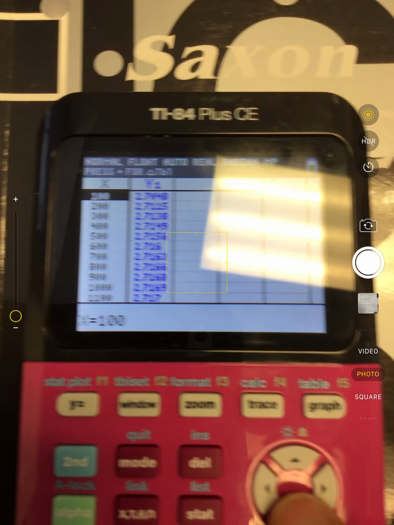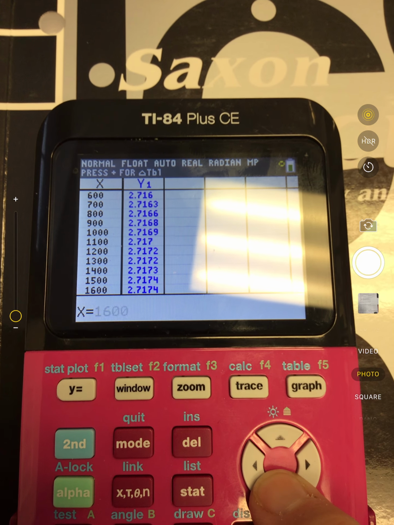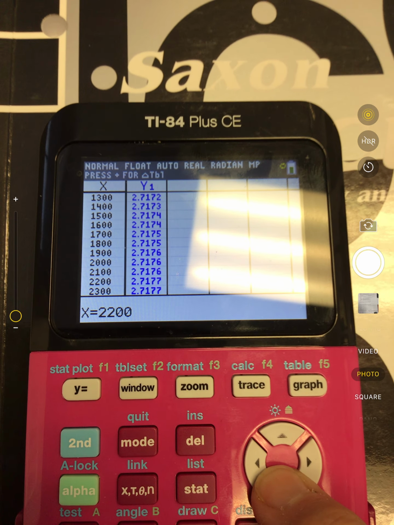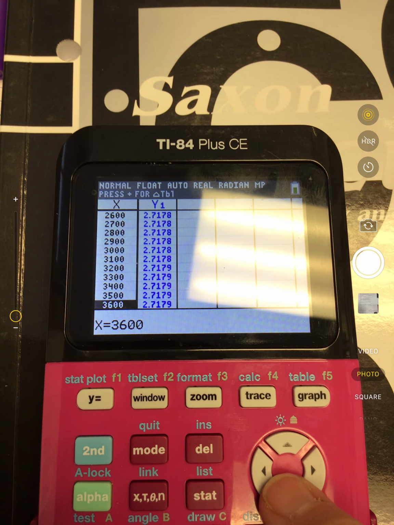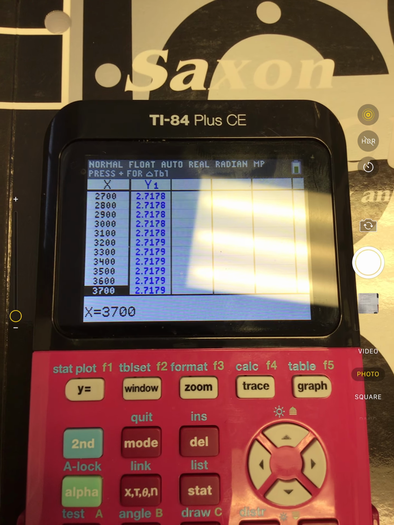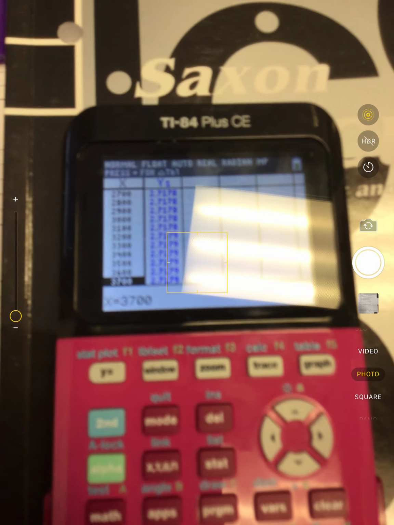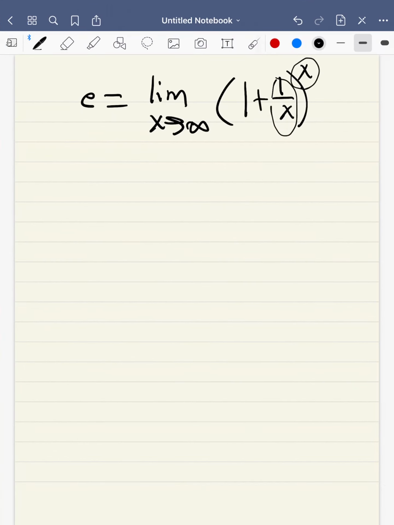Okay, and as we go down in the table, it goes to 2.7179, and the approximation that we typically use is 2.718. So e is approximately 2.718. And now you know that's where it comes from.